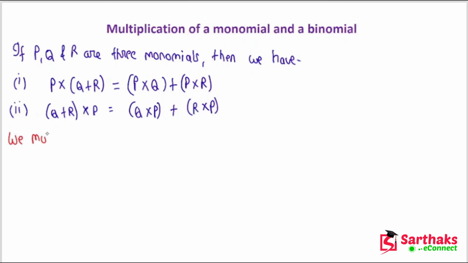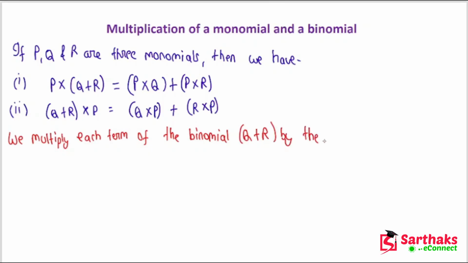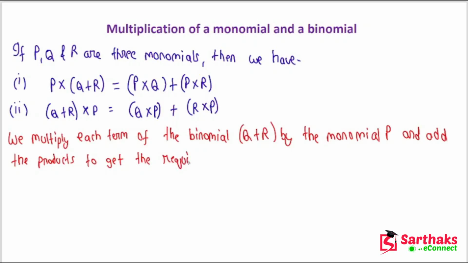If you want to write it in words, we multiply each term of the binomial Q plus R by the monomial P and add the products to get the required result.